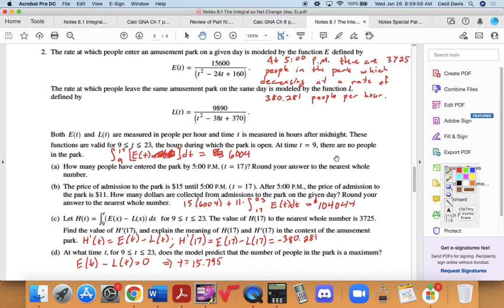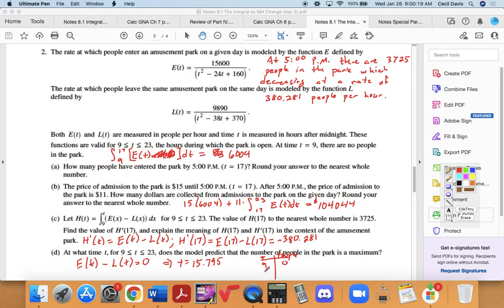So we know that the number of people at time, sorry, I keep doing that, time 9, there are no people in the park, right?